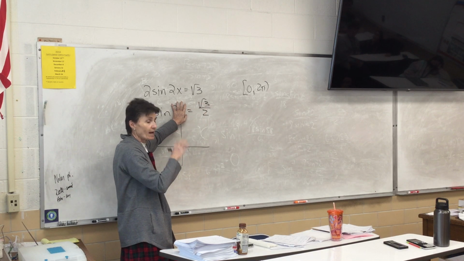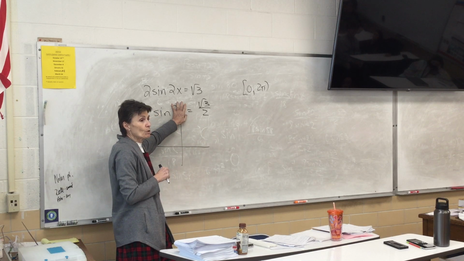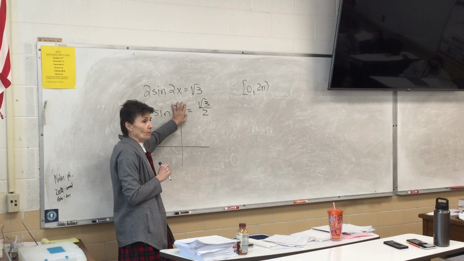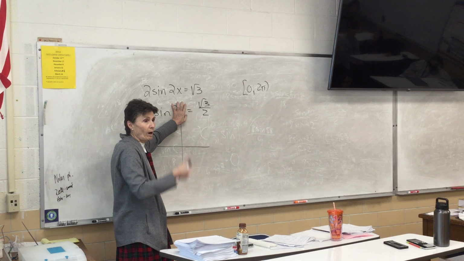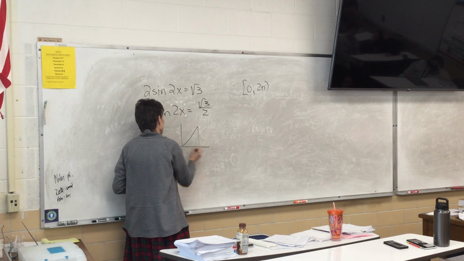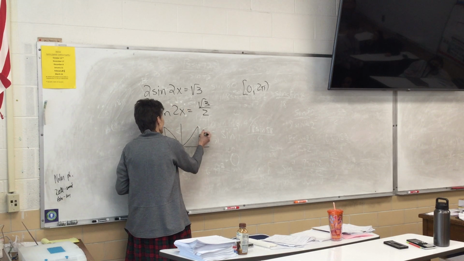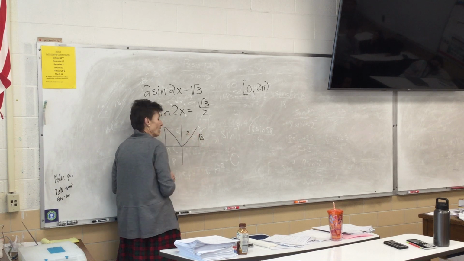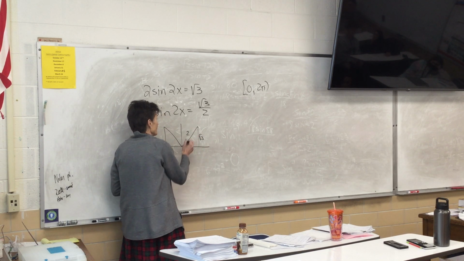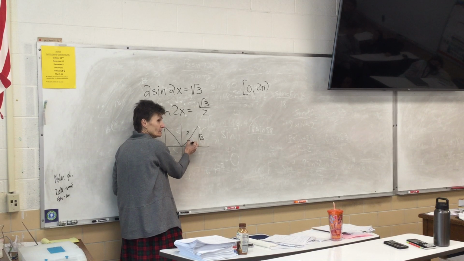Sine is y, and y is positive up here, in quadrant 1 or 2. Now, what kind of an angle has a sine of root 3 over 2? 60, or in radians, pi over 3.